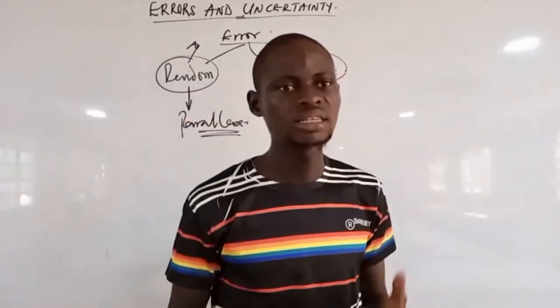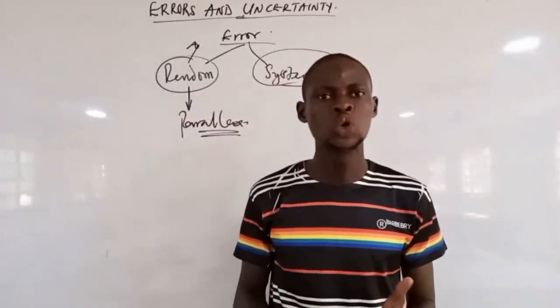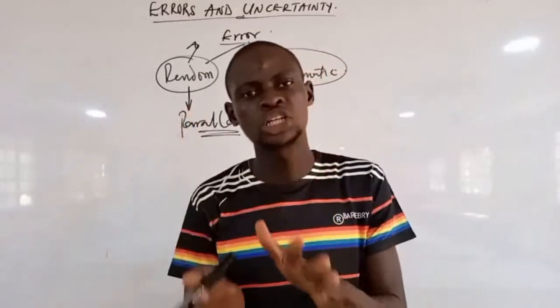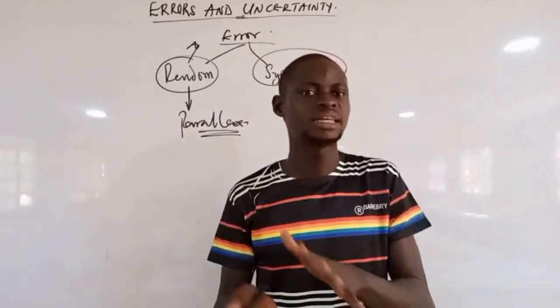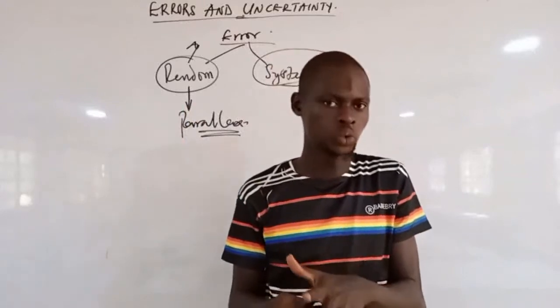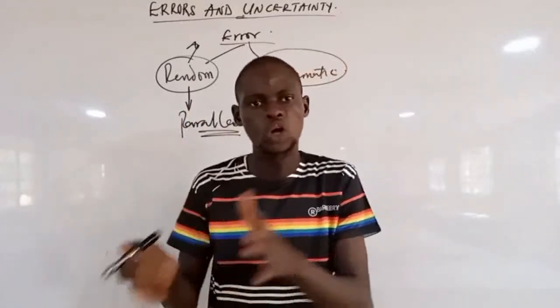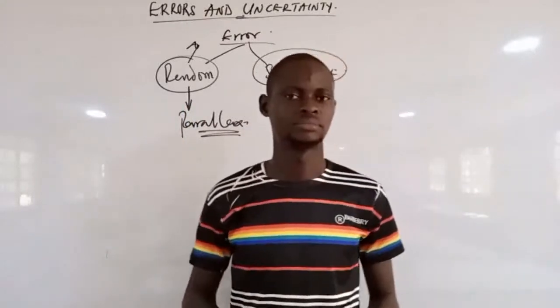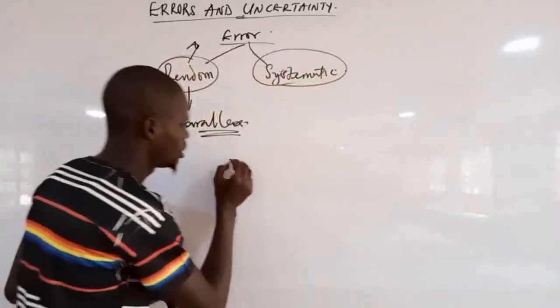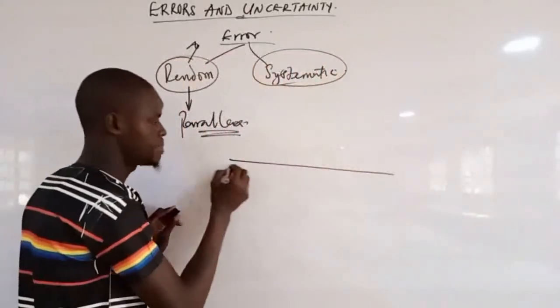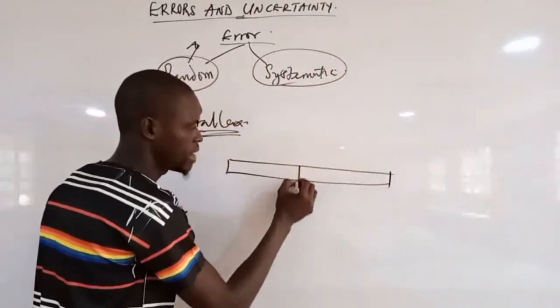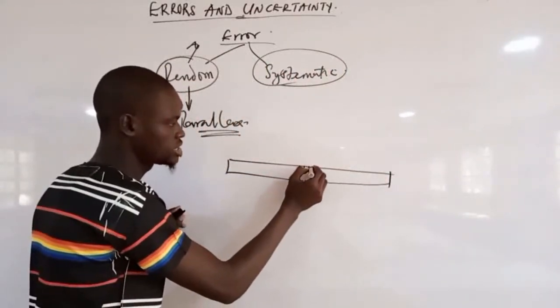Parallax error is the error due to the positioning of the eyes in a slant angle towards the right or the left of the marking. Take a look at this. Let me say this is a mark here. I want to take my readings on this mark.